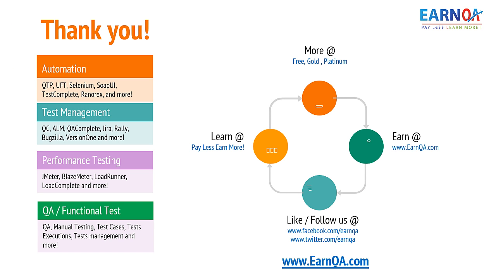There are so many other technologies like Blogger, WordPress, PHP, Python, Ruby, and for all these technologies there are again software testing tools like QTP, Unified Functional Testing, Selenium, LoadRunner, QA Complete, Version One, TestComplete, SoapUI, JMeter, BlazeMeter, LoadComplete.